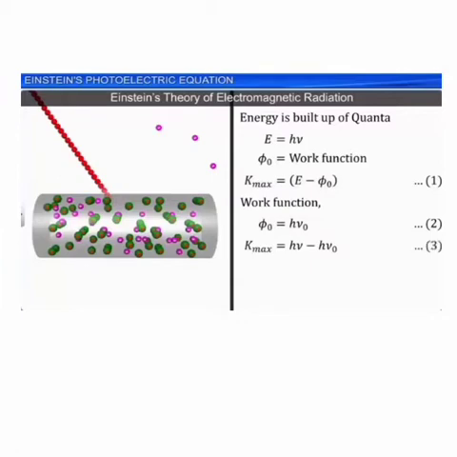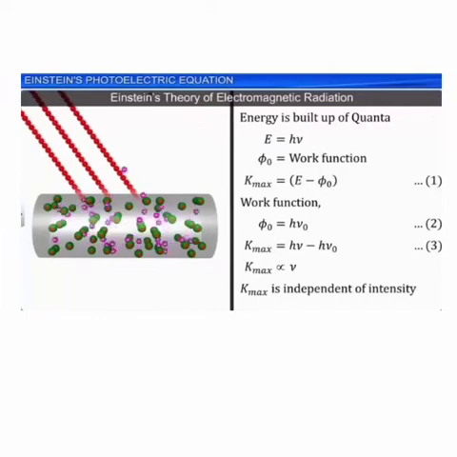From equation 3, we observe that the maximum kinetic energy of the ejected electrons is proportional to the frequency of the incident radiation nu, since h nu naught is constant for a metal surface. From this, we also observe that the maximum kinetic energy of the ejected electrons is independent of the intensity of the incident radiation.